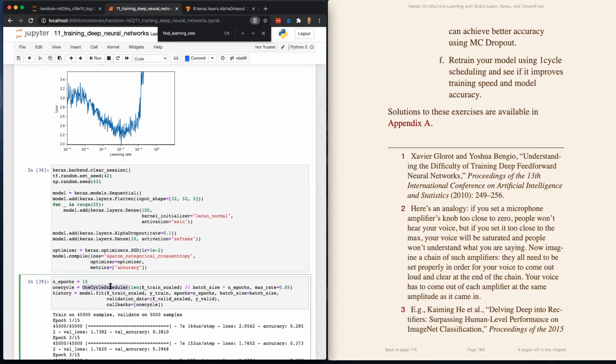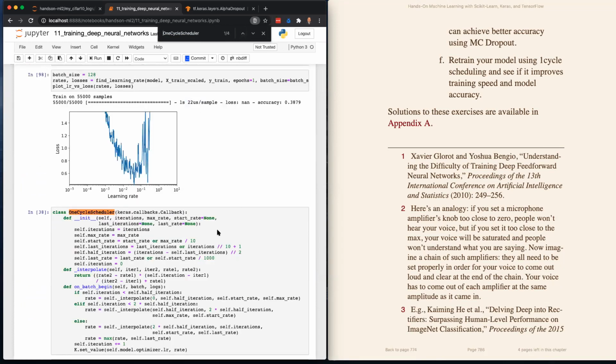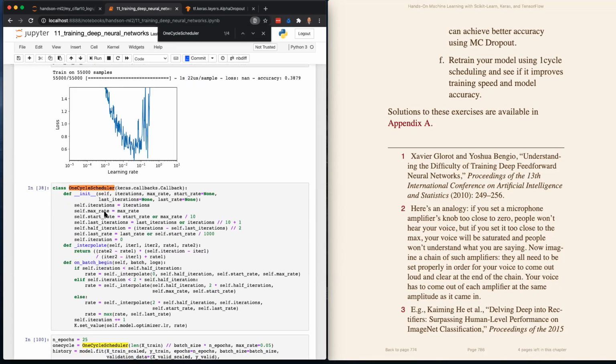Okay, so let's go back to this. What's this one cycle that is getting used? Okay, that's the callback, yeah. So this is set to run on batch begin of every batch.